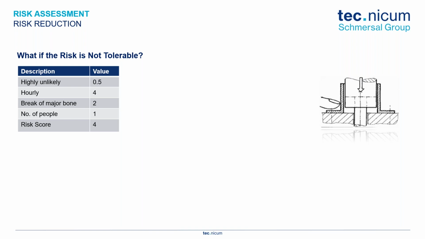Again, that hazard still resides within the equipment, so if exposed to this hazard, we still have the potential for a fracture. It's still only one person using this machine at a given time that's going to be exposed. So now we have a risk score of 4. The only thing that changes is the likelihood. We drop down to a 4.